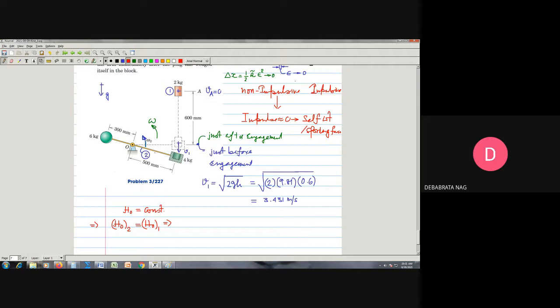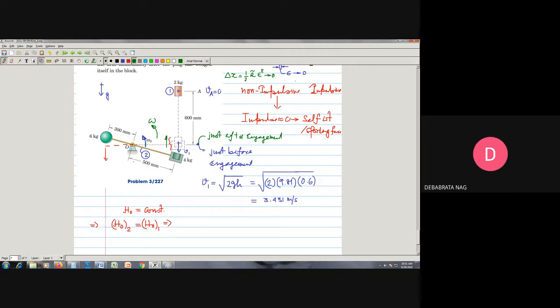Since it is rotating, the linear velocity of this is going to be in the downward direction, and this assembly's velocity after engagement is going to be in the upward direction.